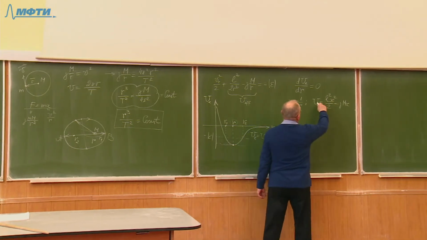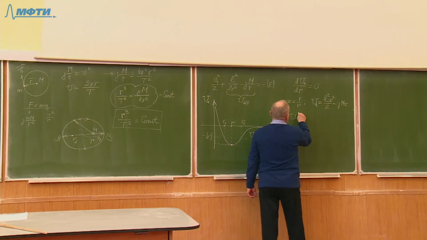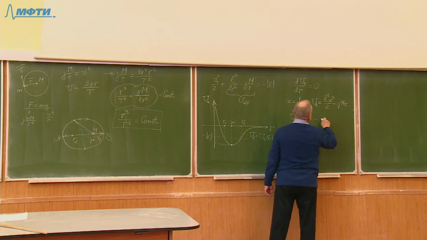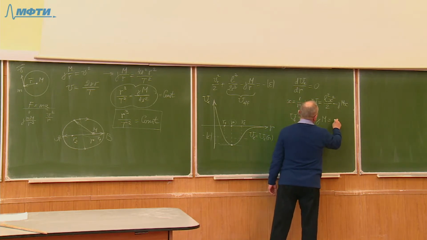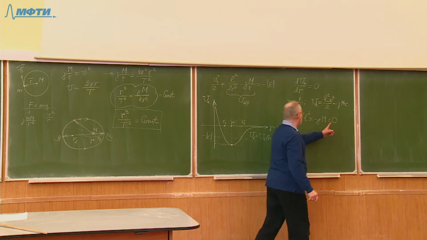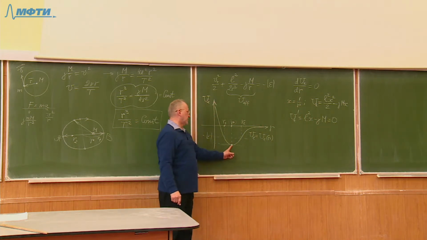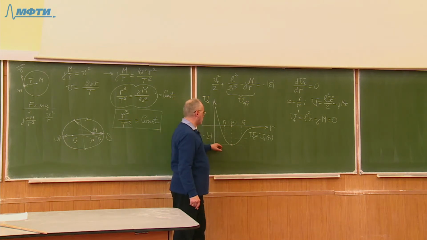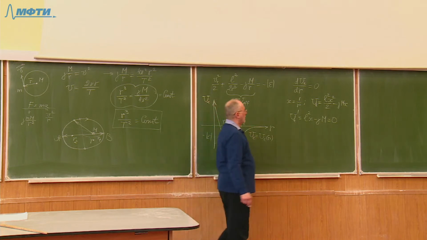And we have to take a derivative of this function with respect to x, and it will be L squared x minus gamma capital M. And the derivative should be 0 if we want to find the conditions for this lowest point. For this minimum point, the derivative of this function is 0.